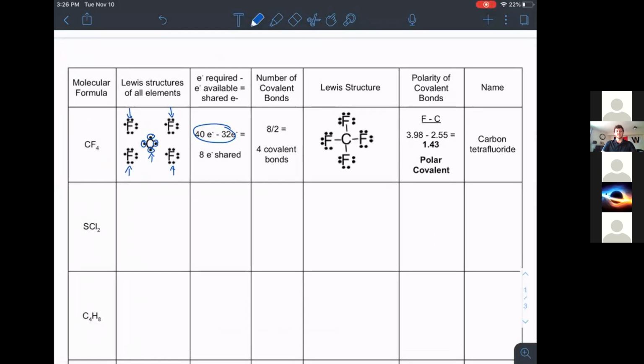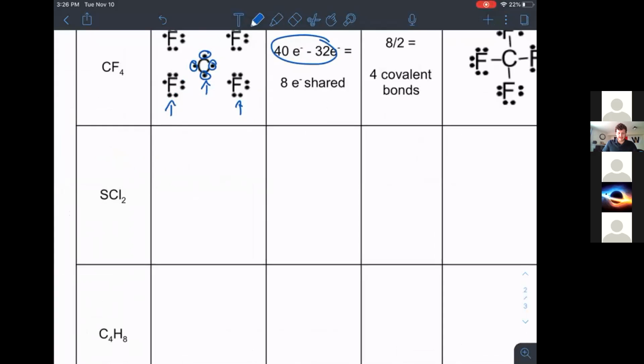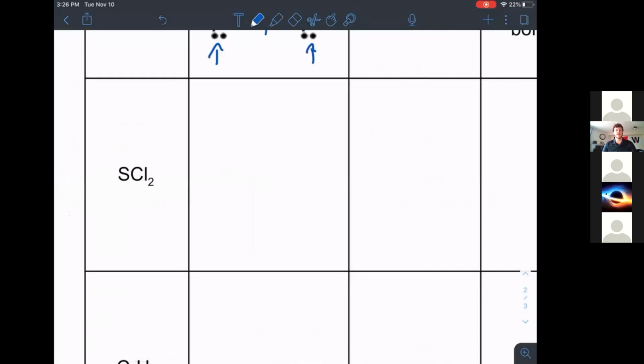All right, so let's go through this first one that is not filled in. So sulfur and chlorine. Let's draw the Lewis dot structures for each of these. What is the Lewis dot structure for sulfur? S. And how many valence electrons? 6. 6, perfect.